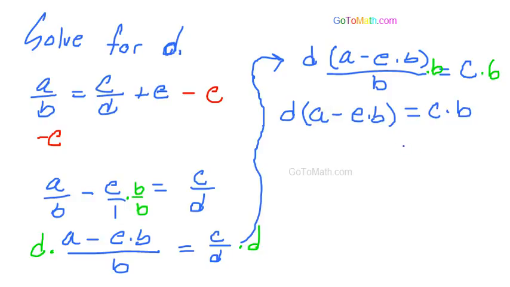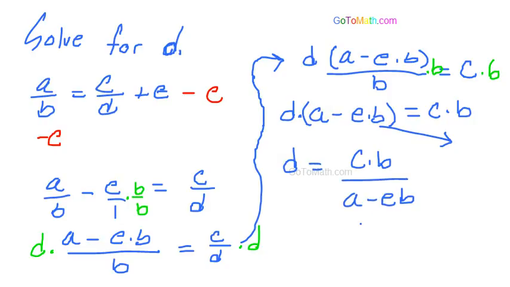Okay. And I am going to skip this step. So we would multiply through by the reciprocal of this guy here, but you know that's the same thing as taking that diagonally down. Alright. So we're left with D is equal to C times B over A minus EB.